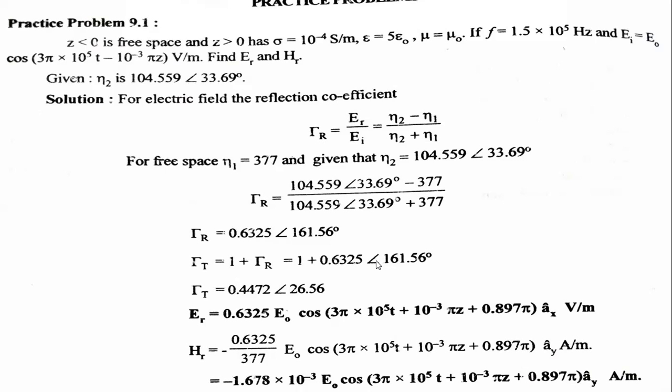So first of all you need to convert this polar form into the rectangular, then you need to add the real term and the real term. Whenever you add, after that you convert that rectangular form into the polar form, then only it is possible to get this answer, that is nothing but 0.4472 angle of 26.56.